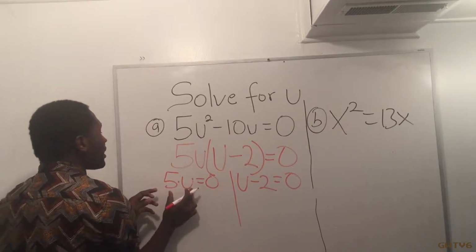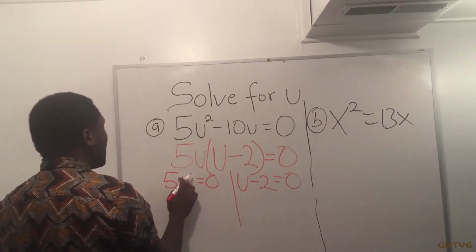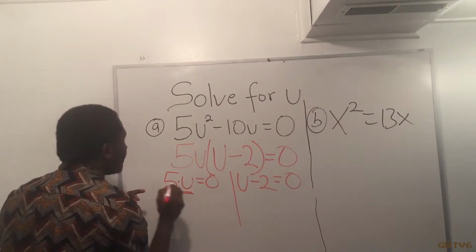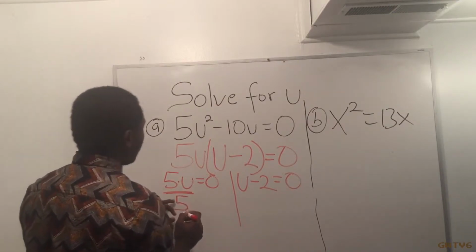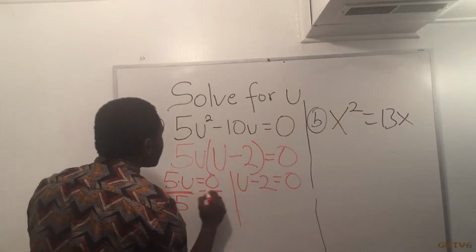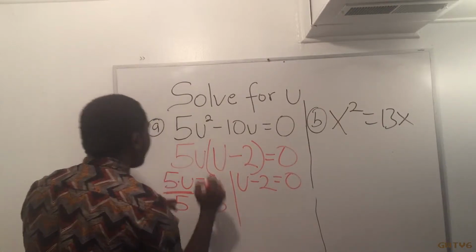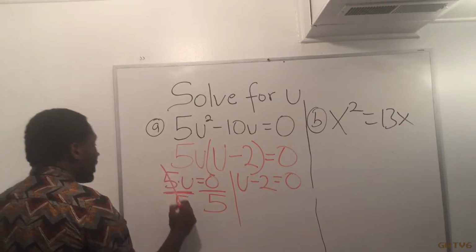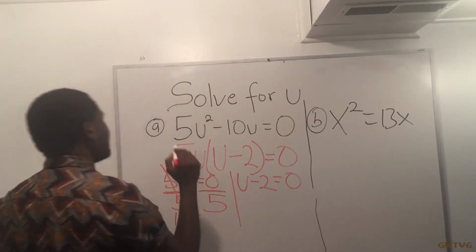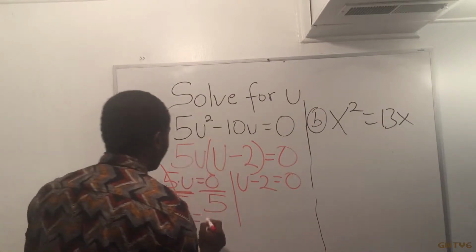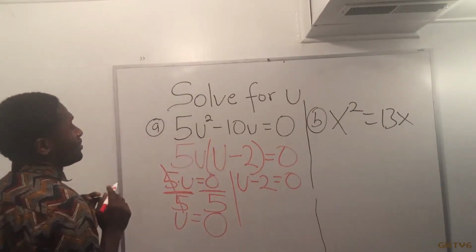Whenever I have something like that, to get u by itself, I have to think about dividing by the number with the u, which is the 5. And whatever I do on this side, I have to do the same thing on that side. So I divide this also by 5. And now this 5 will cancel out. So I have my u by itself equals 0 divided by 5, which is 0.